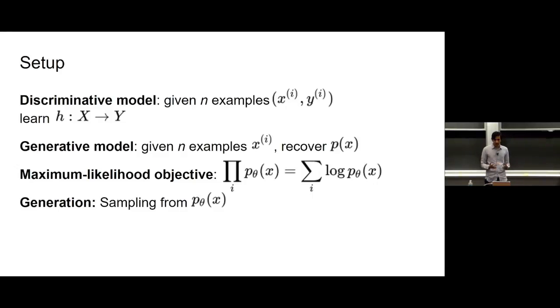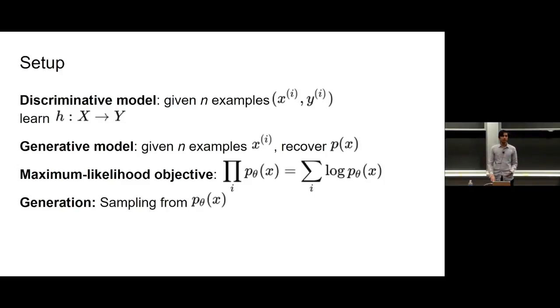We'll call it P. And the goal of generative modeling, the task that we're trying to achieve, is to recover an approximation that is as close as we can make it to the underlying distribution, or the underlying process, that generated our training set.